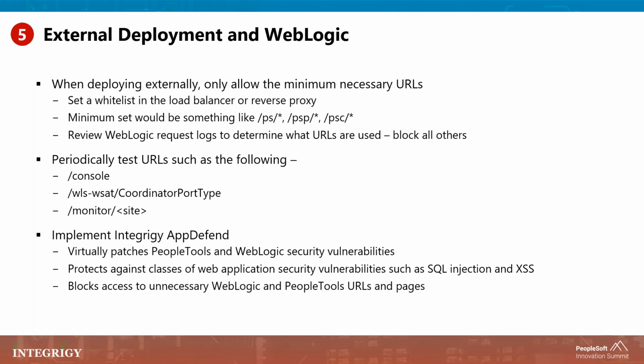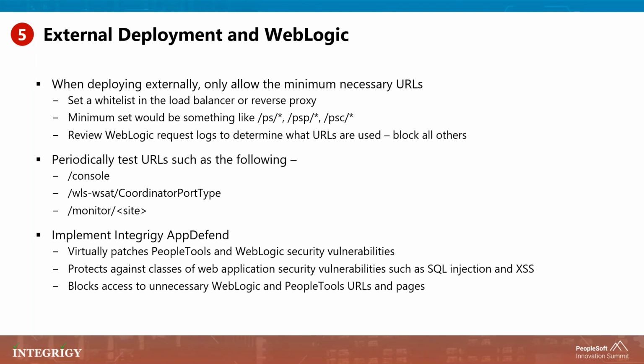You won't see console, you won't see monitor, you won't see WLS, WSAT, you won't see XML link. Those aren't used. However, there's 100 of those, and each of those maps to a specific little functionality called a servlet behind the scenes in WebLogic. If there's a security vulnerability in one of those servlets, that becomes a security vulnerability as part of the critical patch update.